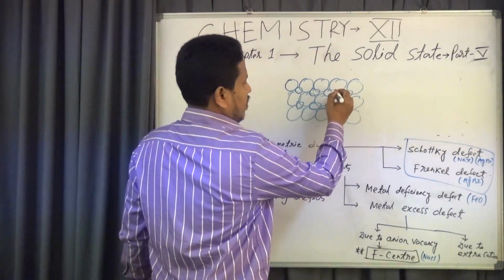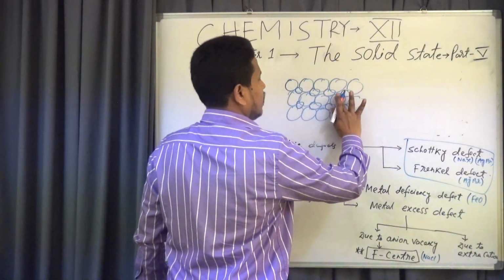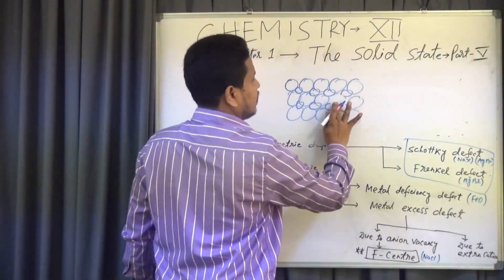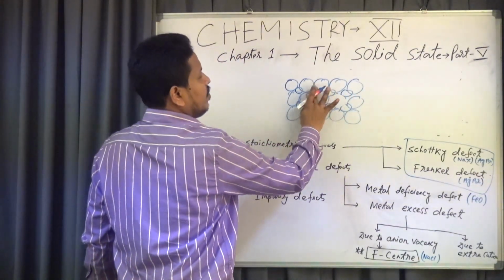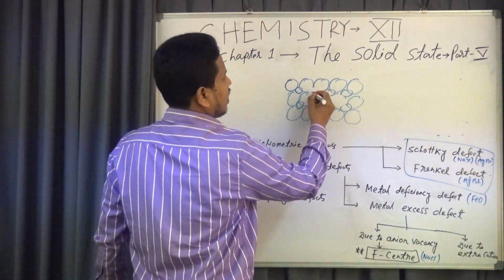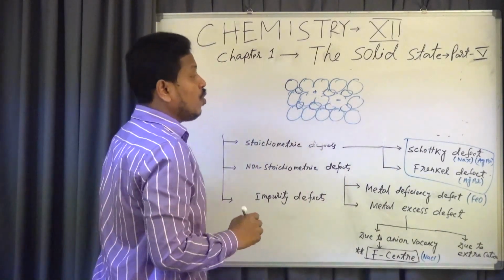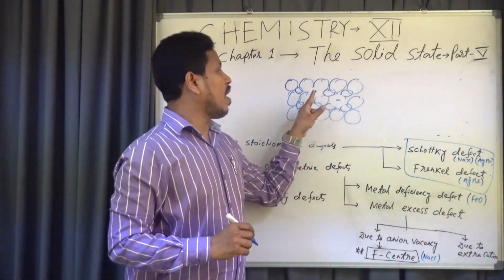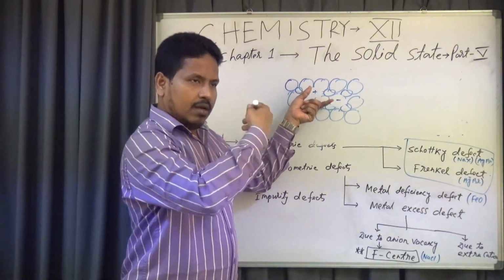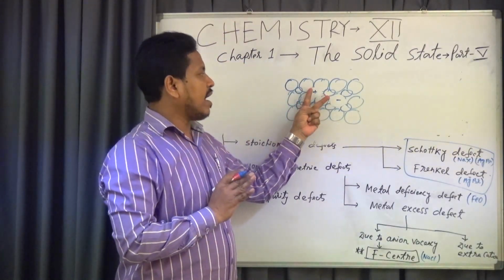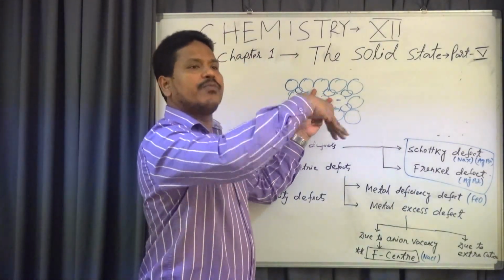Let an anion leave its original site. This is the anionic vacancy. Let a cation also leave its original site. This is the cationic vacancy, this is the anionic vacancy. So an equal number of cation and anion have left the lattice. So an equal number of cations and anions are removed from the lattice.